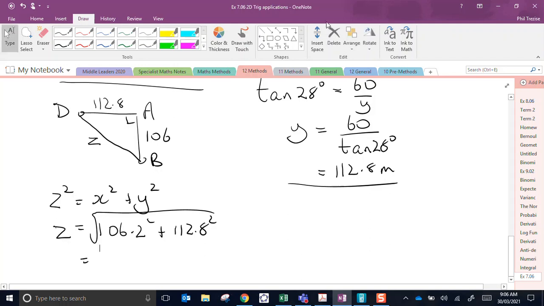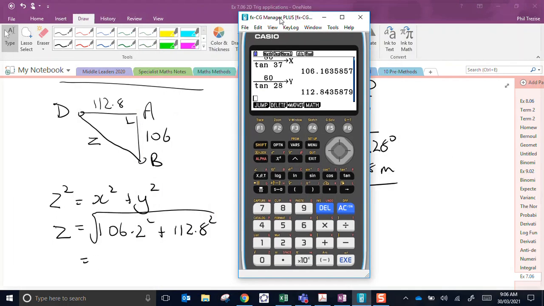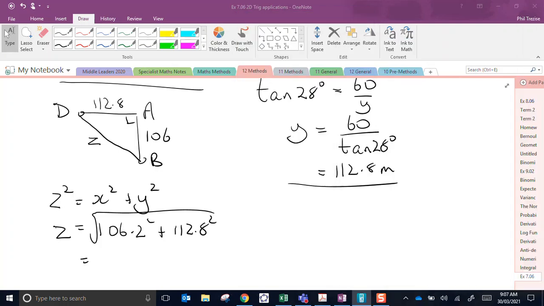Now the nice thing about storing those values on my calculator is I can literally type X squared plus Y squared, but that's not working because it's supposed to be under the square root. Now that looks better. I get 154.9 as the distance.